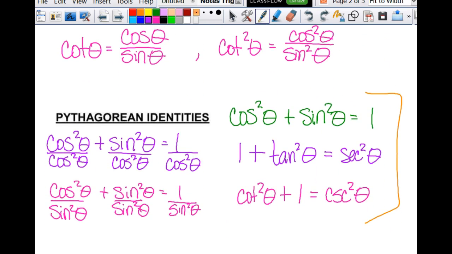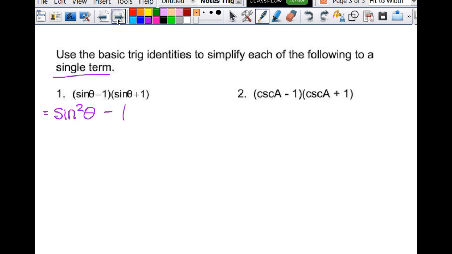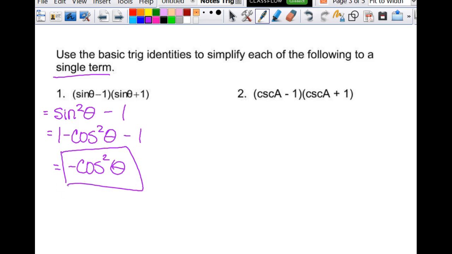If I have this, sine squared theta would be what? 1 minus cosine squared theta? Y'all okay with that? Okay, so instead of sine squared theta, I'm going to do 1 minus cosine squared theta minus 1, because I still have to have that minus 1 there. Everybody good with that? What does that simplify down to? What's 1 minus 1? 0. And then that just leaves me with negative cosine squared theta. And that is my answer.